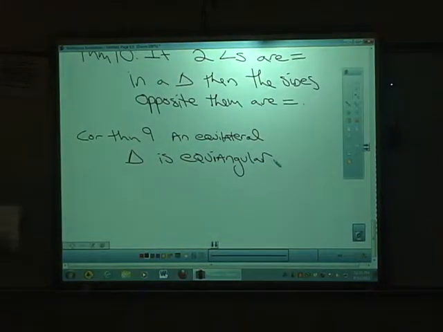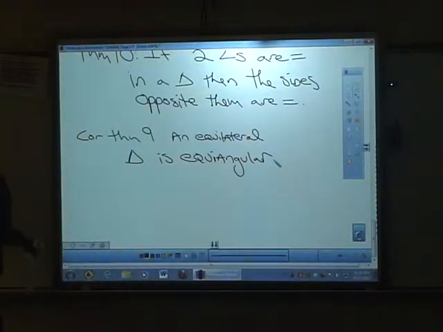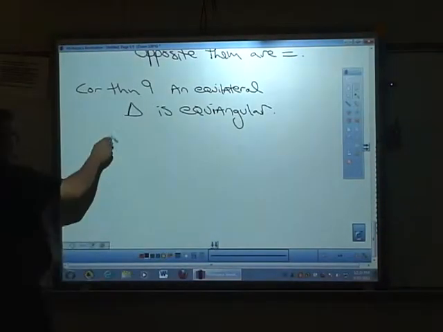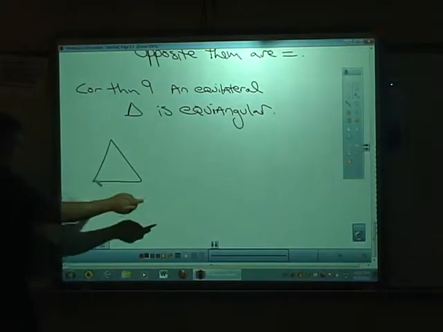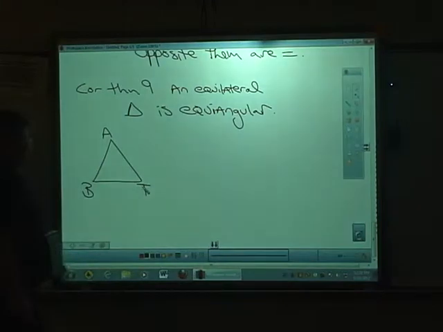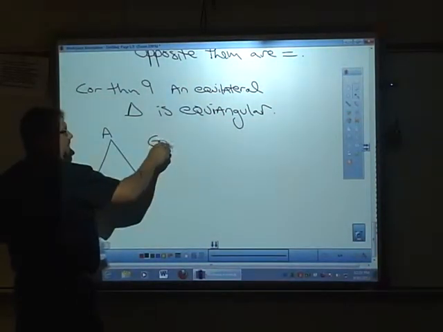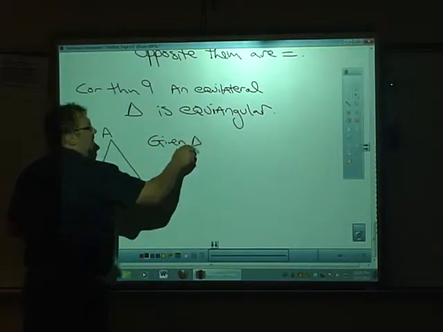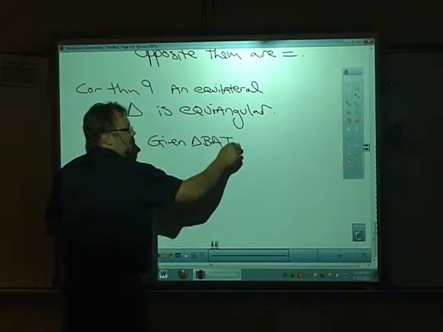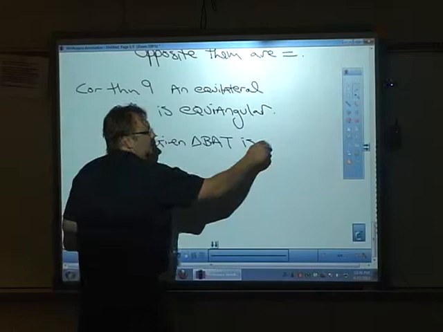How about we prove this? Well, let's look at this triangle. Let's say that this triangle is triangle BAT. And I'm going to say given is the triangle BAT is equilateral.